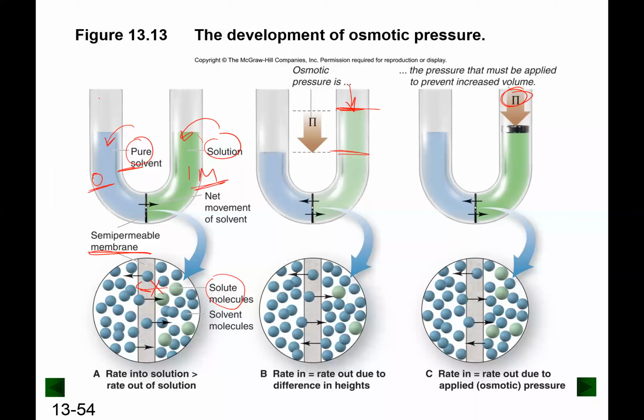So like over here, if we had a 0.1 molar solution, and over here we had a 1 molar solution, the flow will still be in that direction. It will go from low concentration of solute to high concentration of solute, and it would still flow in this direction, okay? And that's basically a graphical description of osmotic pressure.